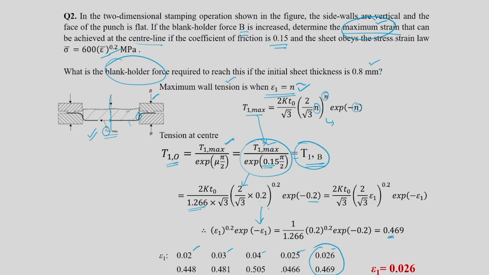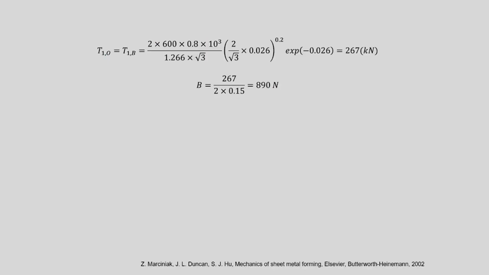So that's the question: determine the maximum strain that can be achieved at the center line. You have to have this much strain at the center line. Now for this, how much is the blank holding force? That's the next question.